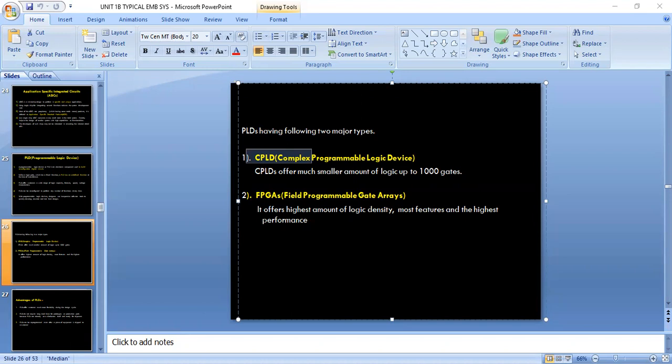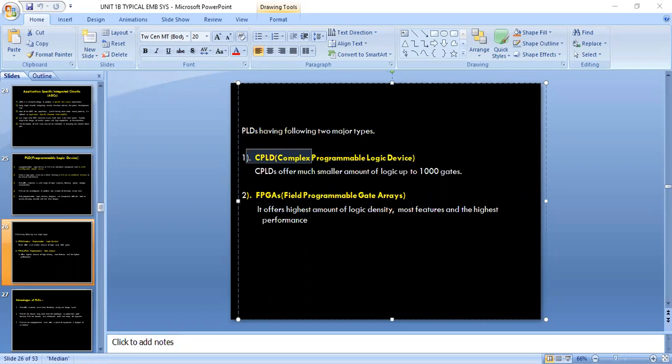What does a CLB consist of? CLB in FPGA. For your understanding, it consists of a device similar to a PLD, right?